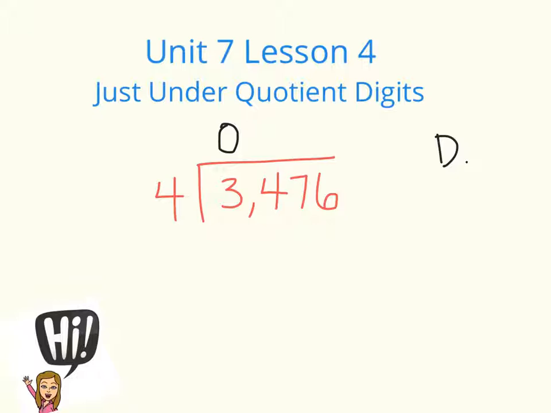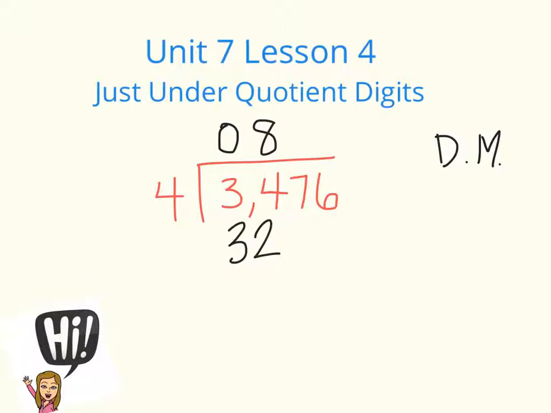So now we look at the next number, 34. We do 34 divided by 4, which is the same as asking how many times does 4 go into 34? Well, the closest I can get is 4 times 8, because 4 times 8 is 32. Here's where that next step comes in, the M, multiply. So 4 times 8 equals 32.